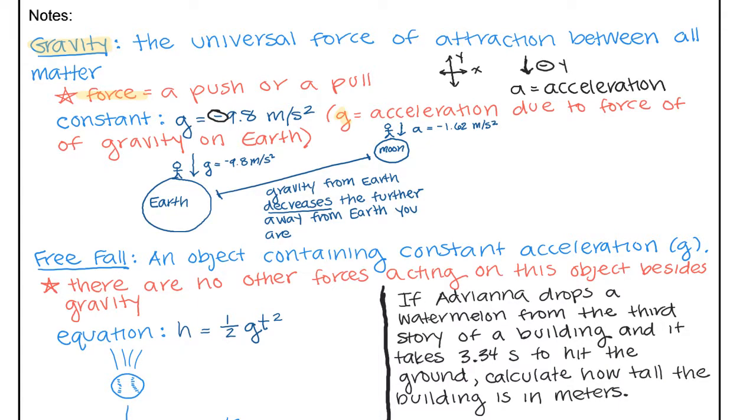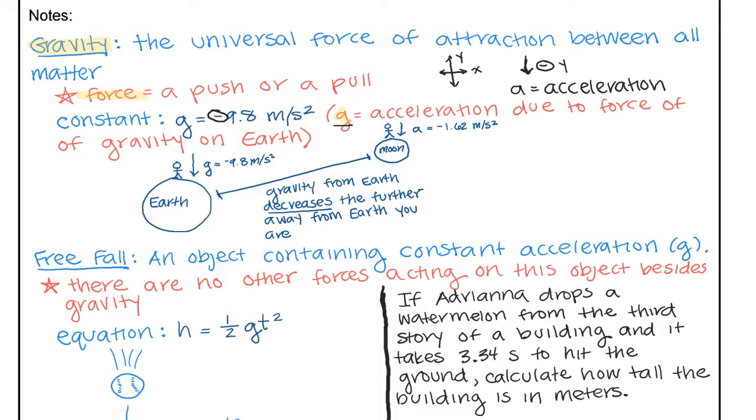A equals acceleration. g is our variable for the acceleration due to the force of gravity. So g is still talking about acceleration, but since gravity's acceleration is so special, we give it its own variable. And that's a lowercase g.